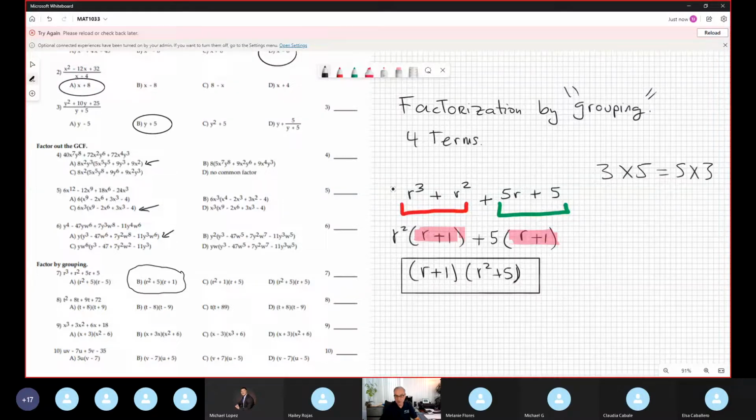If you write a different order of the factorization, I don't care. It's the same expression. Good. However, when I go to select the correct answer, I see it's completely opposite. It's the same. Okay, the order is not important. You follow me?